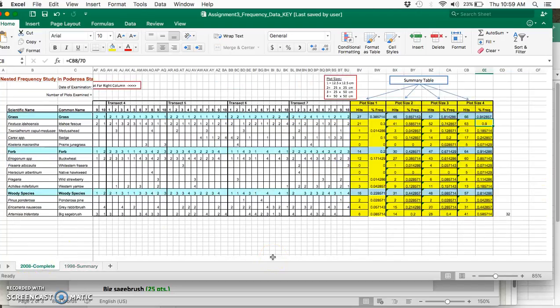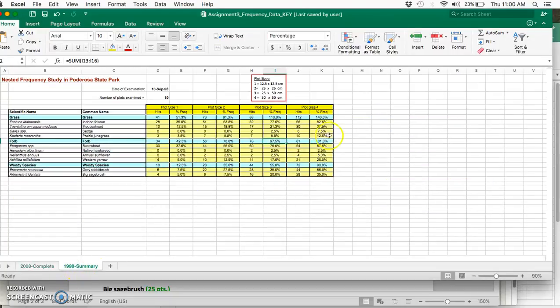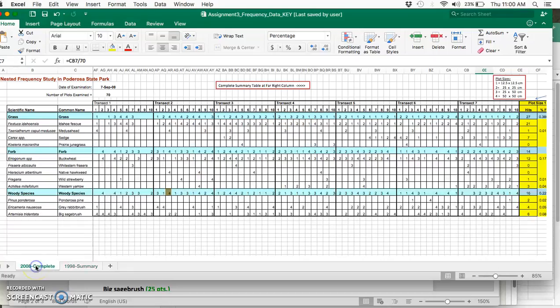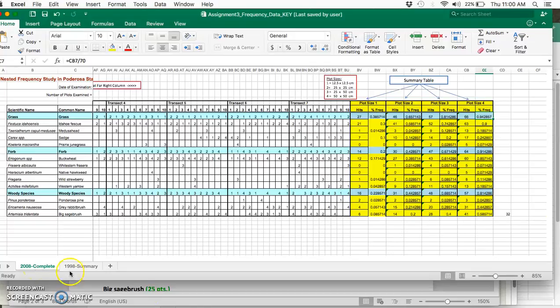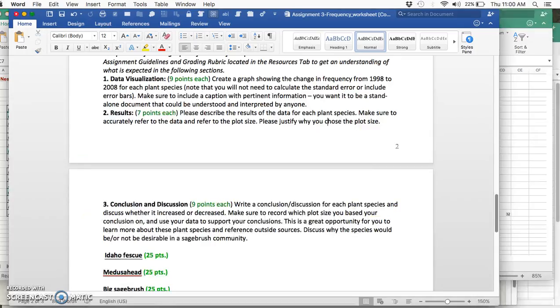And so I will be adding points to everyone's assignment who got points marked off for incorrect values. And I apologize for that. But anyway, this is the correct way of doing it, and that is a residual from years past that was not fixed. And I apologize for that.